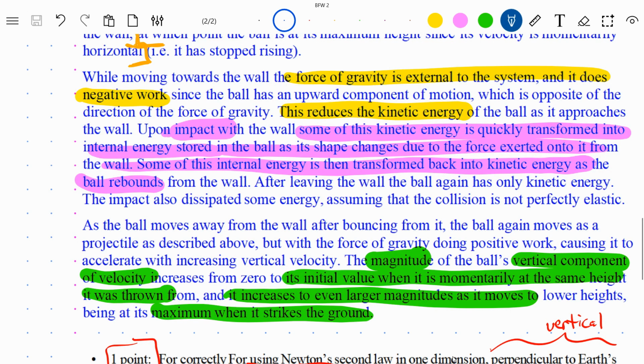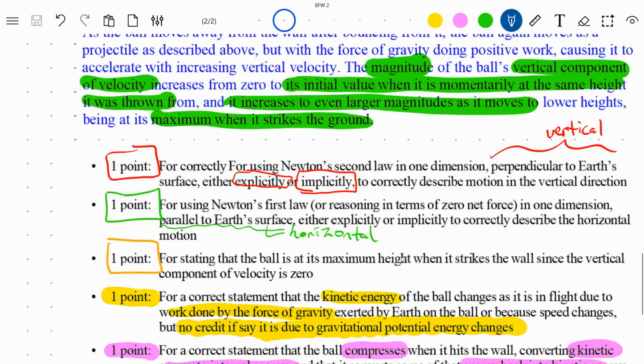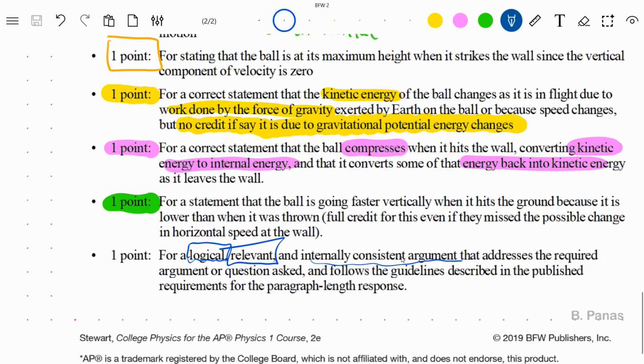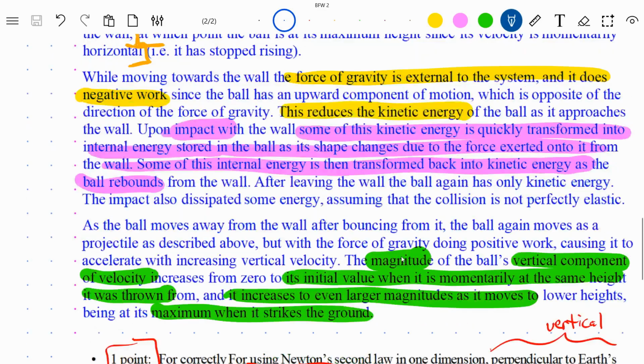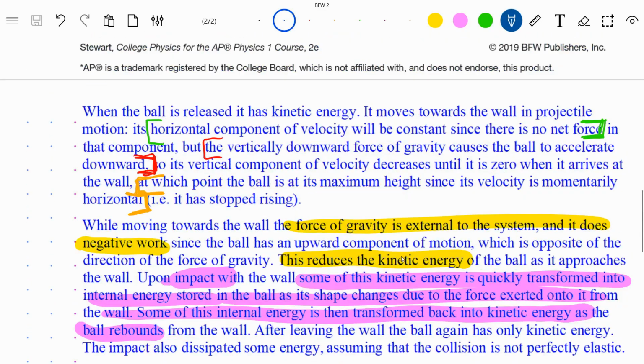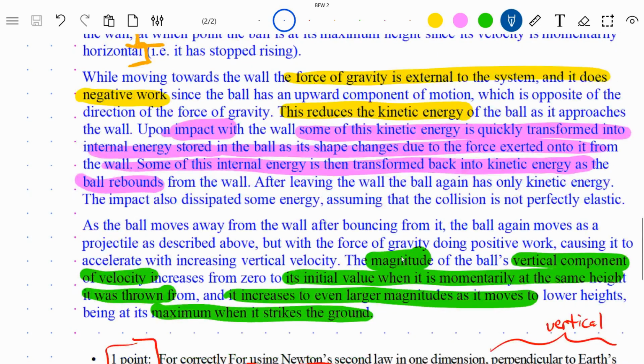So in any case, there is that subjective element to it, and I feel confident that I would have earned that point here. It was logical, it was relevant, and it satisfied the standard requirements for a paragraph length answer from the AP guidelines, which also include things like not including a whole lot of irrelevant information and not having any incorrect statements.